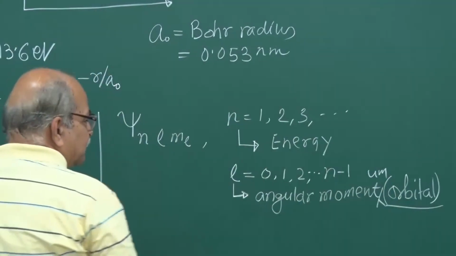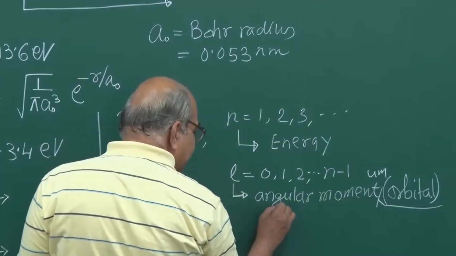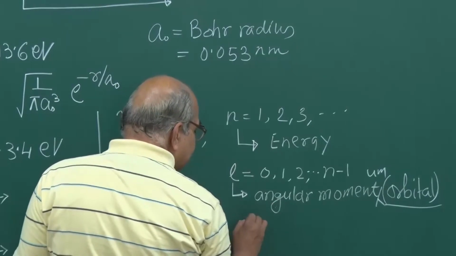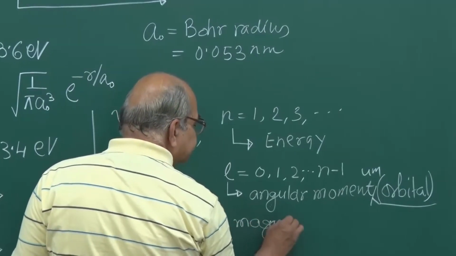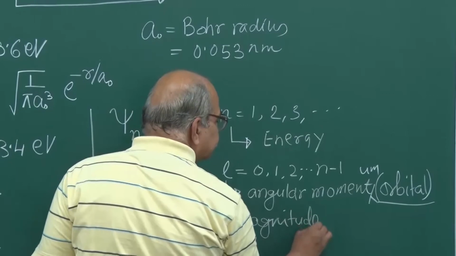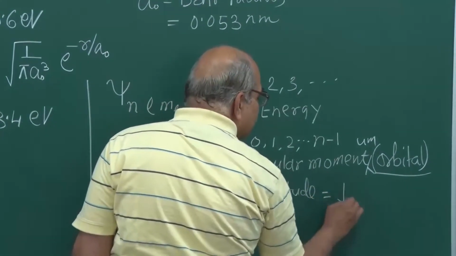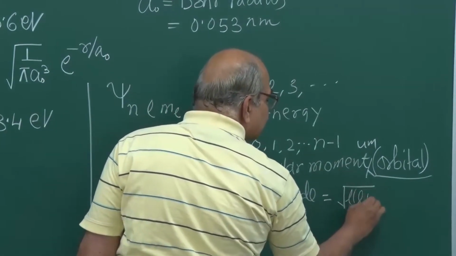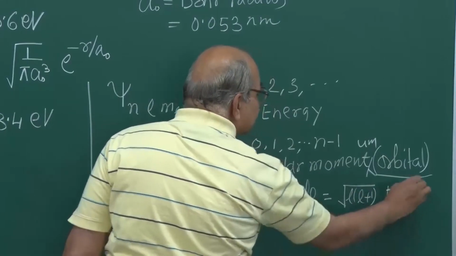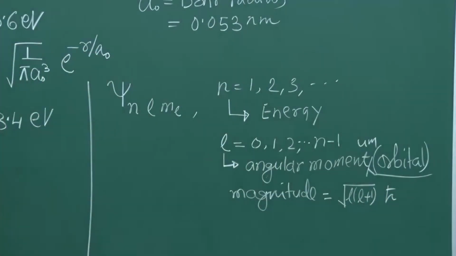In fact, it is related to the magnitude of orbital angular momentum, and this magnitude is square root of L times L plus 1 times h cross. So that's the magnitude of angular momentum.